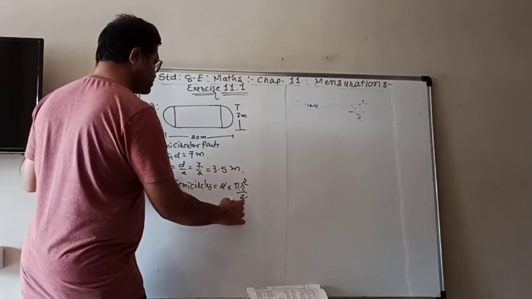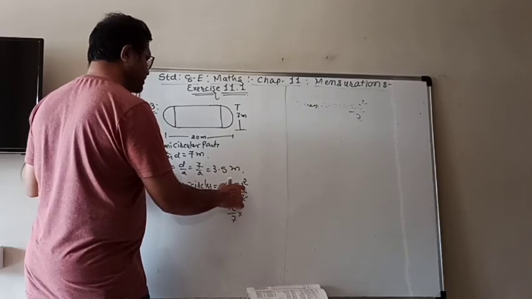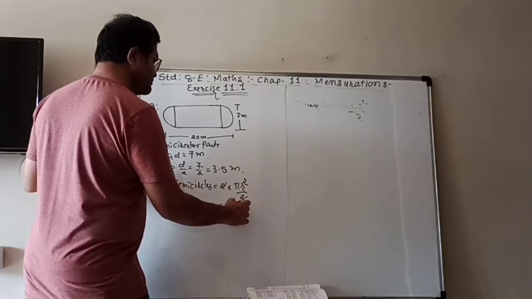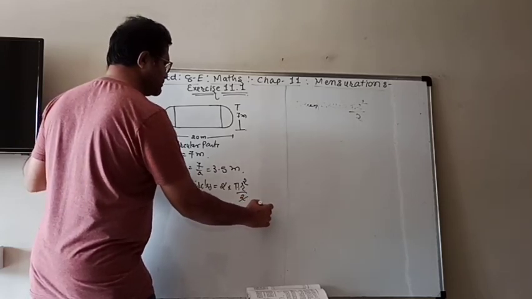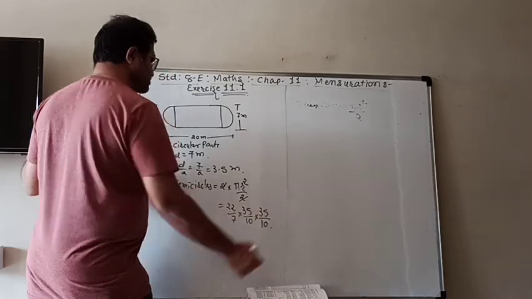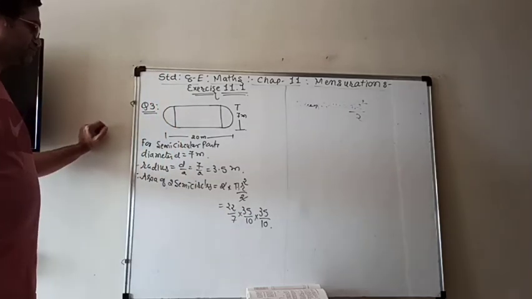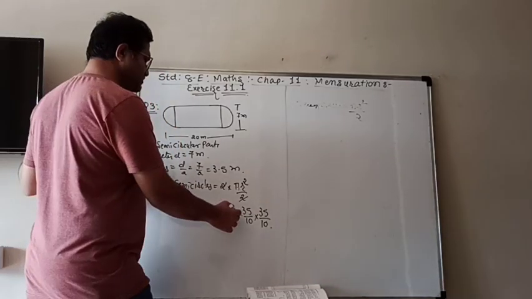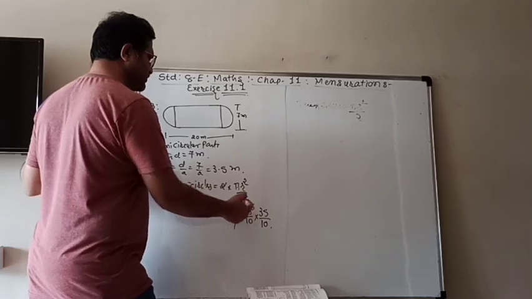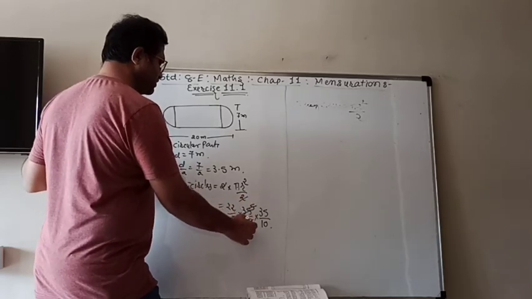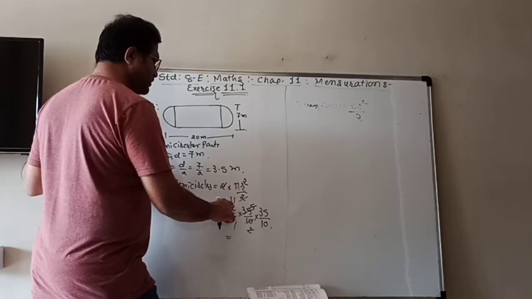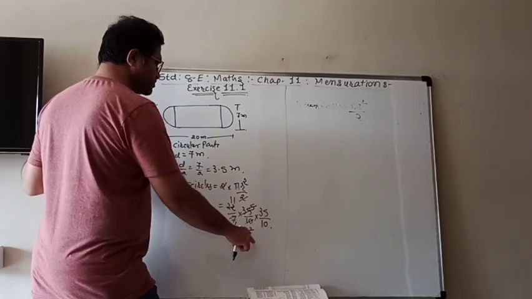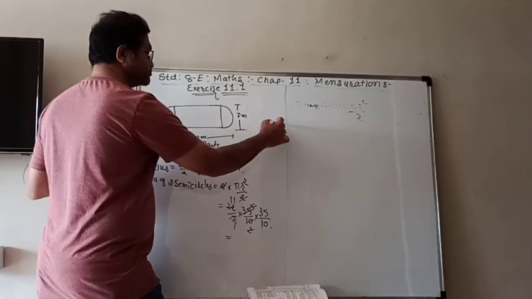Value of pi is 22 by 7 and r square, that is 3.5, but we can put 35 upon 10 multiplied by 35 upon 10. So now 7 ones are 7, 7 5s are 35, 5 2s are 10, 2 11s are 22. So now 11 multiplied by 35 divided by 10.